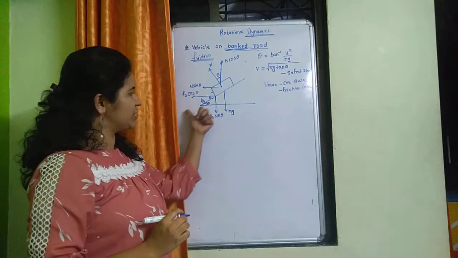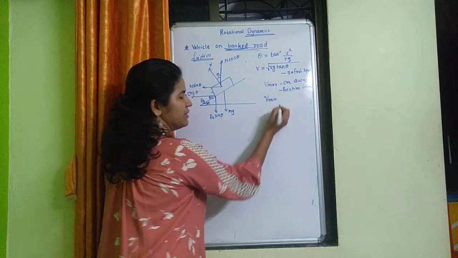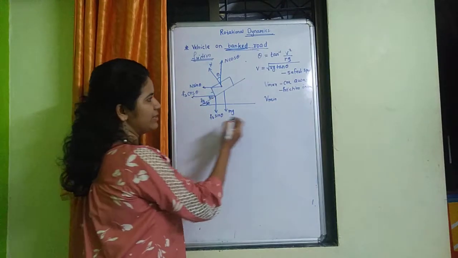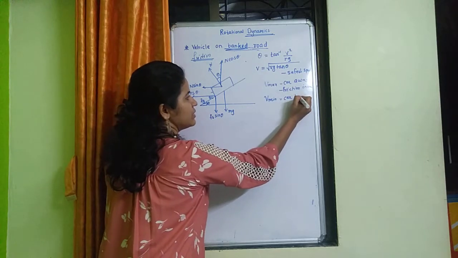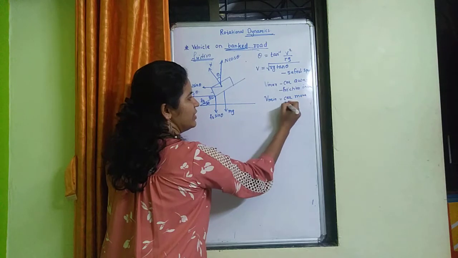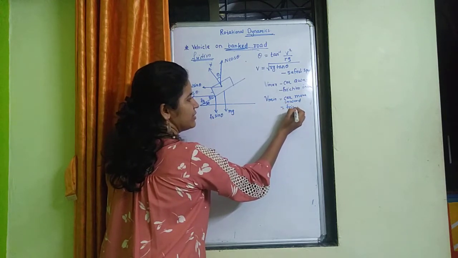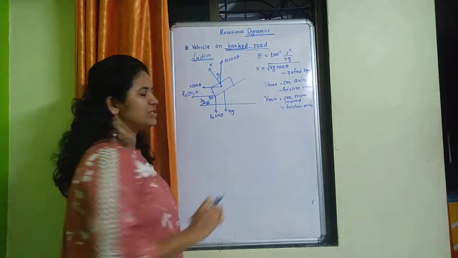And whenever the speed is minimum, the car moves towards the center, inward, and friction is away. So we will solve these two derivations.